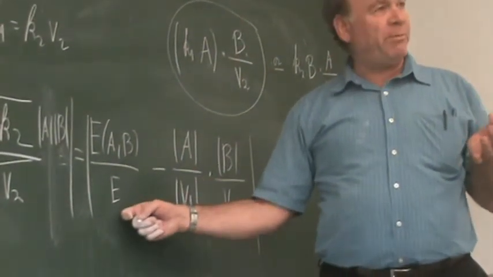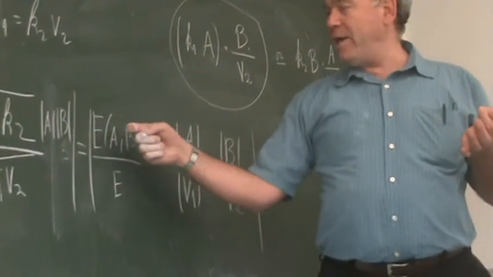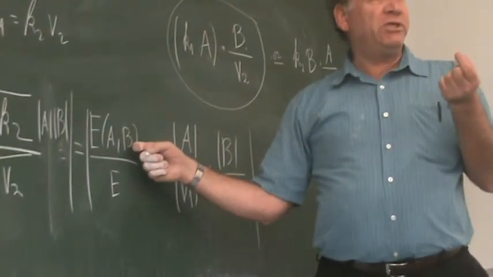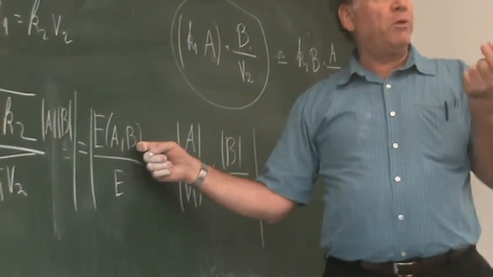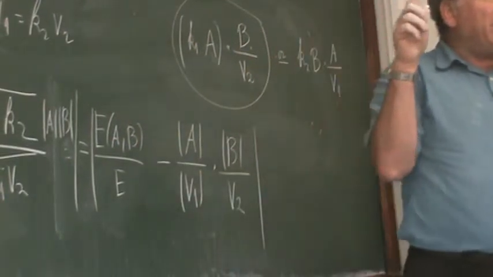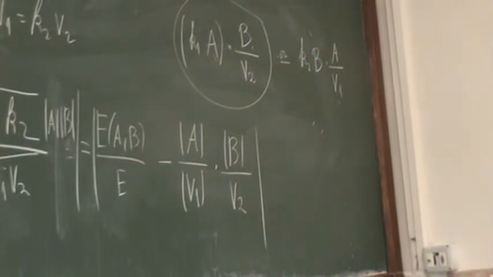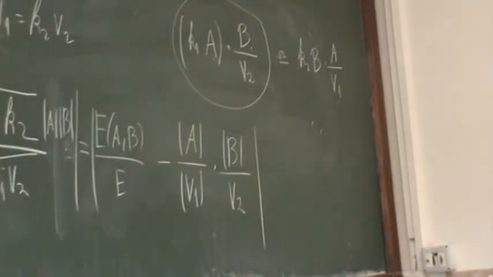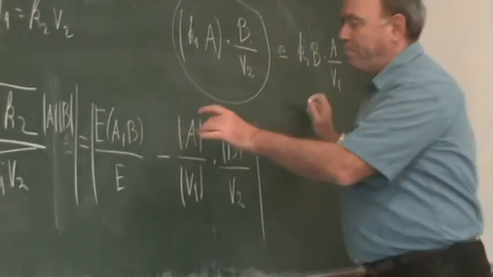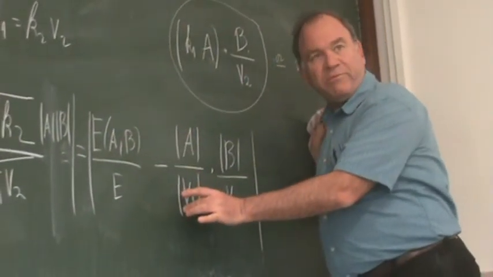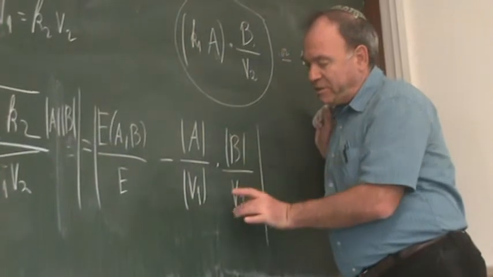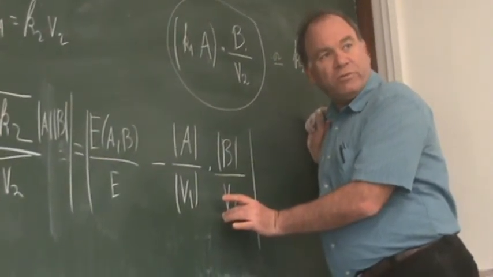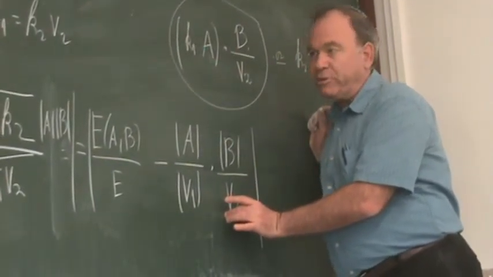This is the total number of edges, and E_AB is the number of edges going from A to B. If this were a random situation, then the fair share, the proportion of edges between A and B, will be equal to the size of A divided by V1 times the size of B divided by V2. That will be the right proportion.